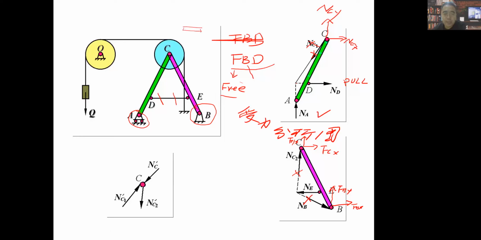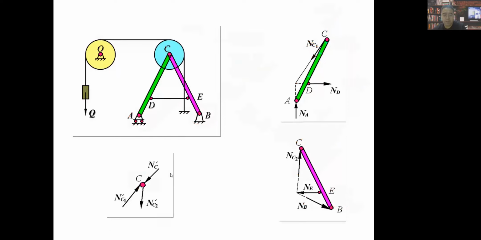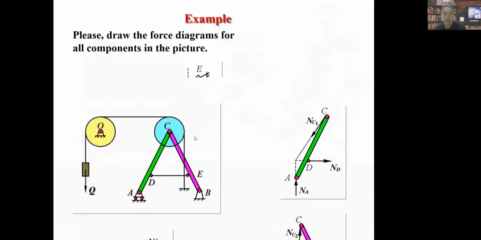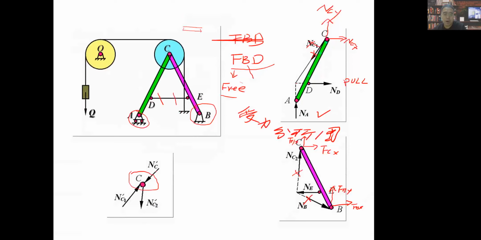So if we select this point C, you just free this point out of here, and all the constraint forces will be here. It's a little bit difficult to understand, so I will not focus on this. I hope you can understand the whole example without this one.